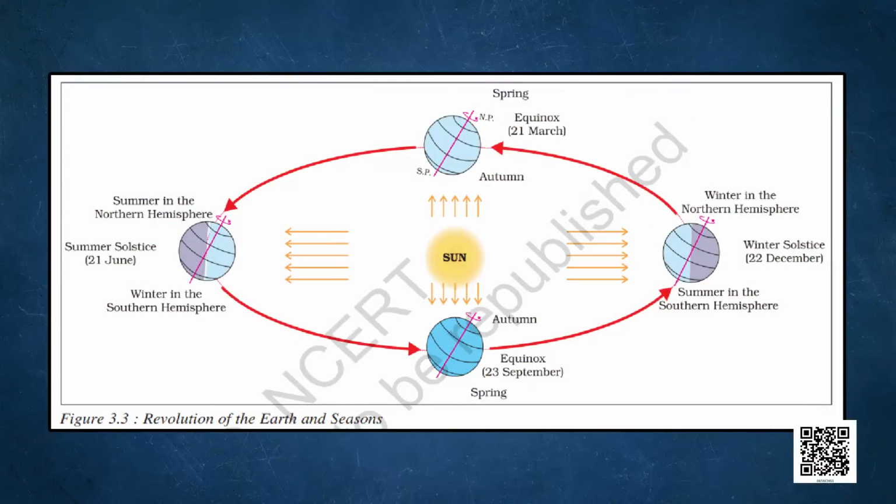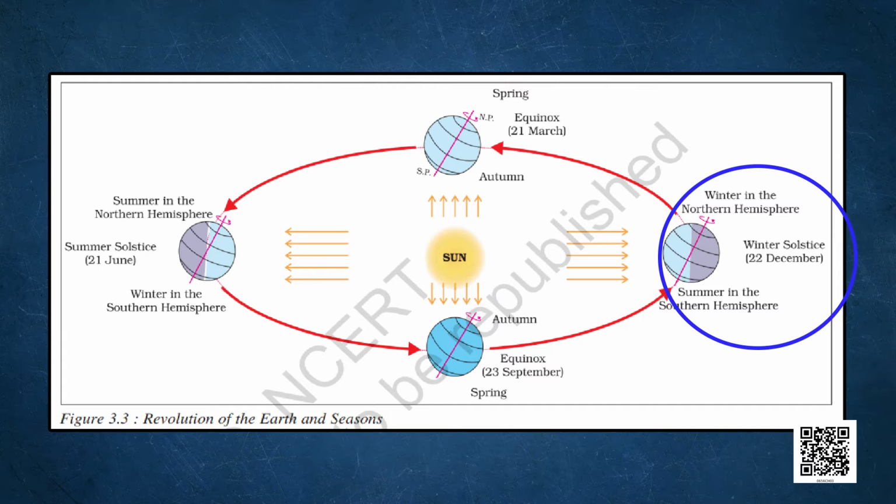In this picture, you can see the Earth has its top tilted away from the Sun. This means the northern hemisphere, the top half, receives less direct solar radiation than the southern hemisphere, the bottom half.